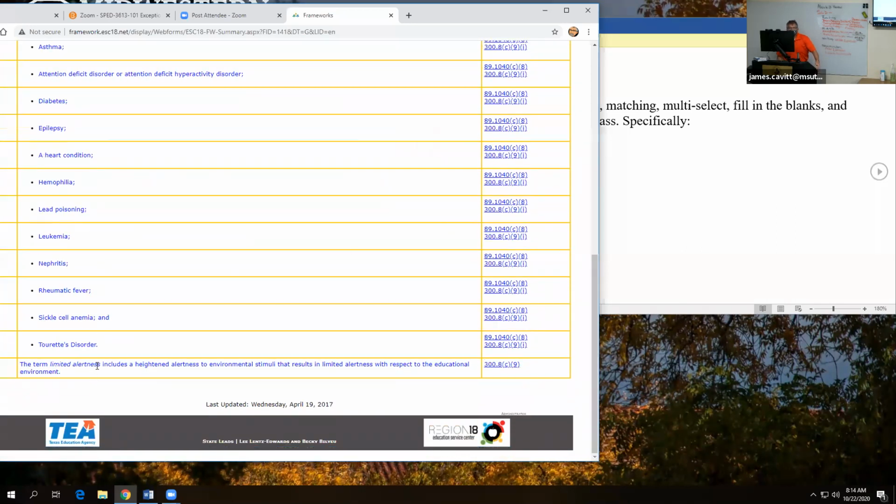The term includes limited alertness, includes a heightened alertness to environmental stimuli that results in limited alertness with respect to the educational environment. In other words, kids with ADHD who are hyper-focused and hyper-alert and are distracted by things, that's included in this.